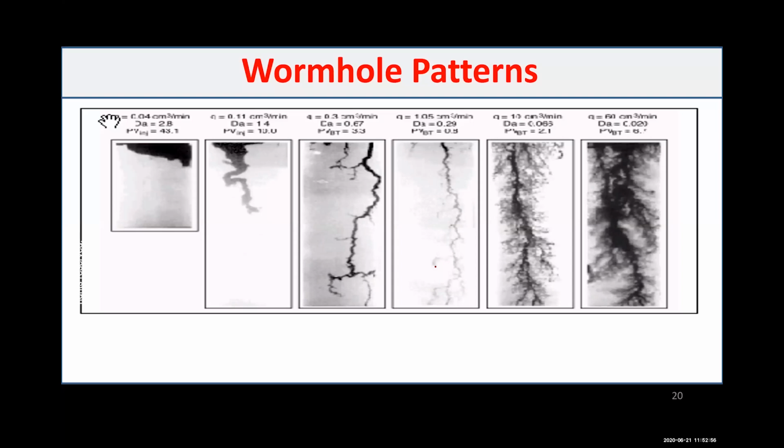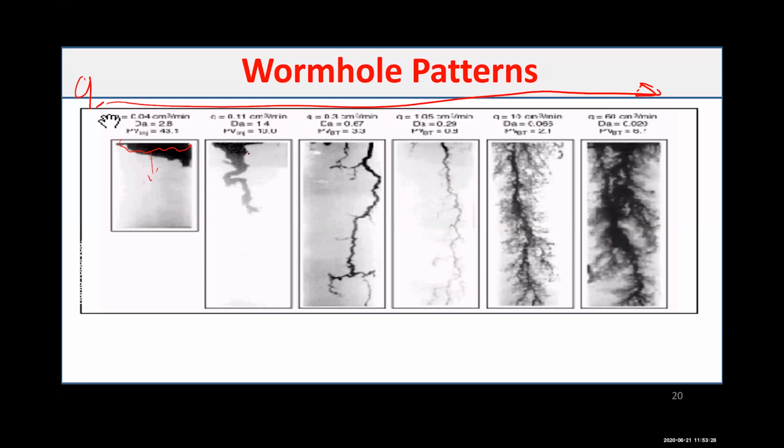What's the best injection rate that you can pump to get the best wormholing? So I have here, going from left to right, the injection rate. If you are injecting at a low rate, what happens is what we call face dissolution. At a lower injection rate, acid reacts very fast, usually. So if you are not injecting at a really high rate, the HCl will merely dissolve the surface of the core and will not be able to penetrate deeper.